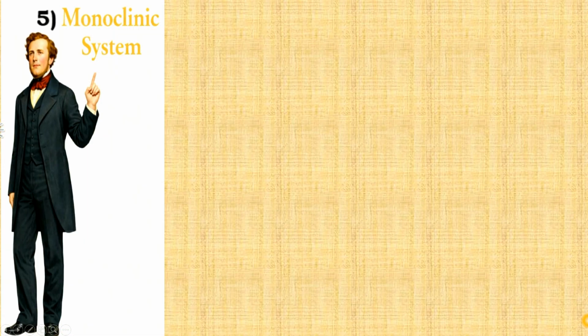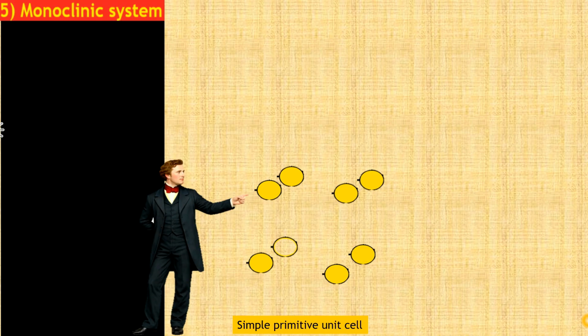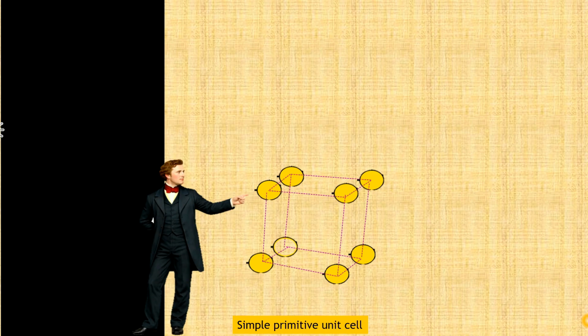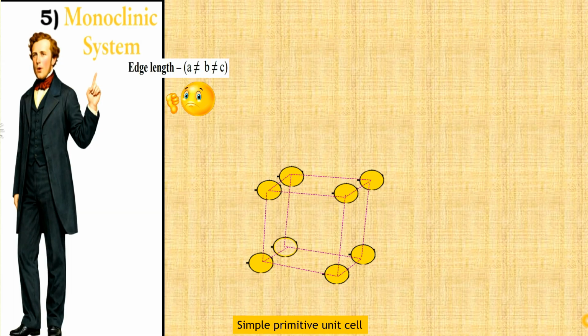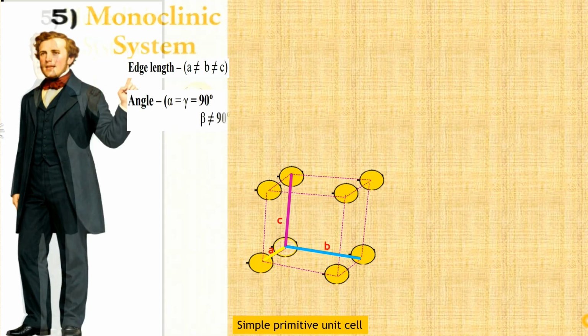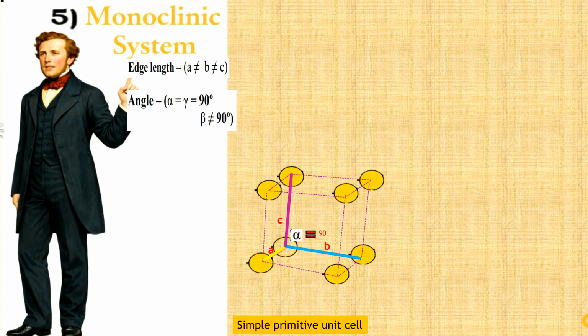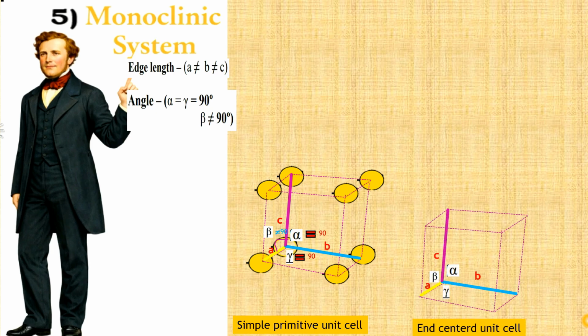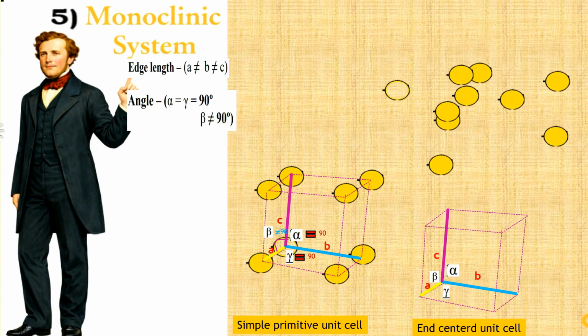5. Monoclinic system. Here's a simple primitive cell formed by attaching 8 atoms at 8 corners of the unit cell. Where edge length a is not equal to b and b is not equal to c, and angles alpha and gamma are equal to 90 degrees and beta is not equal to 90 degrees. Similarly, we can give explanation of end-centered unit cell.